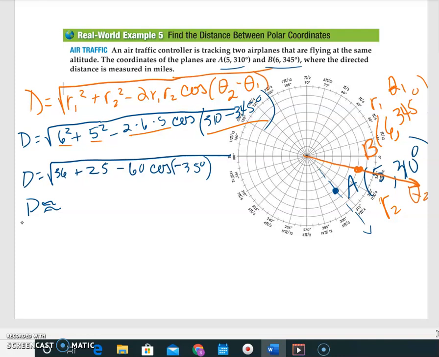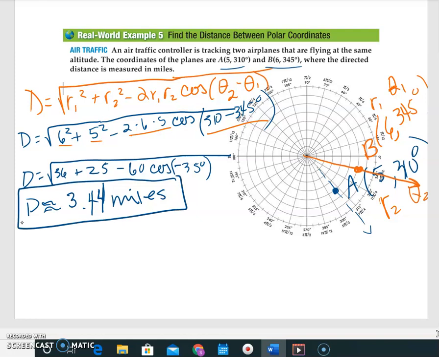We just want to make sure that your calculator is in degree mode because we entered degrees. And our result is about 3.44 miles. So that's how far they are. And part of what we would be trying to do at some point is think about the curvature of the Earth as well.